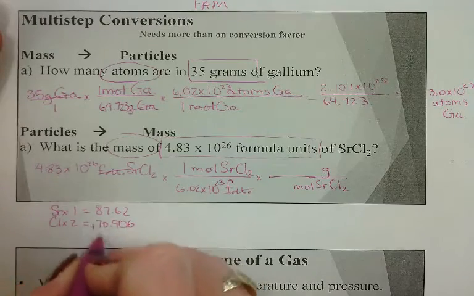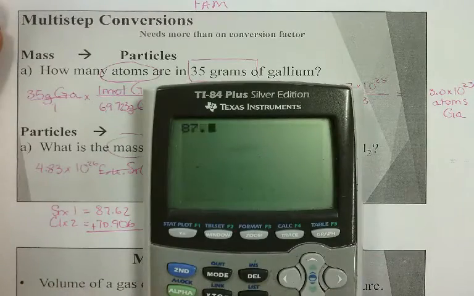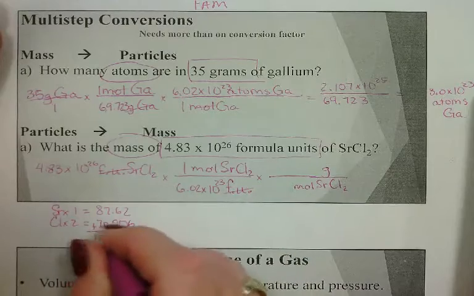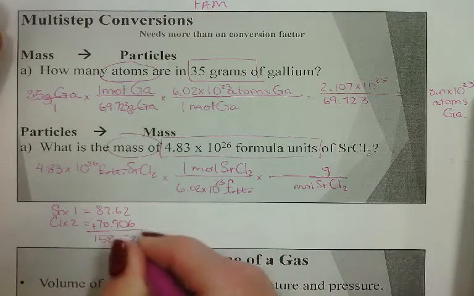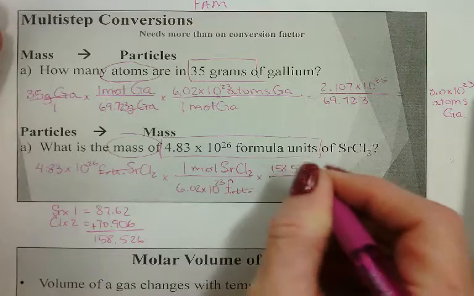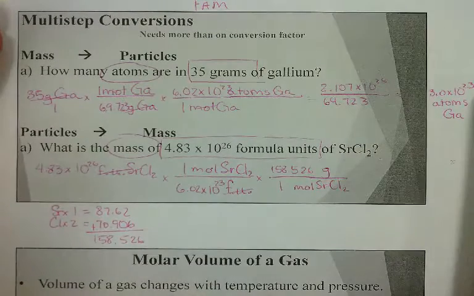Okay, so I'm going to add them together. 87.62 plus 70.906 gives me 158.526. That's a big molar mass. So 158.526 grams in 1 mole of strontium chloride.